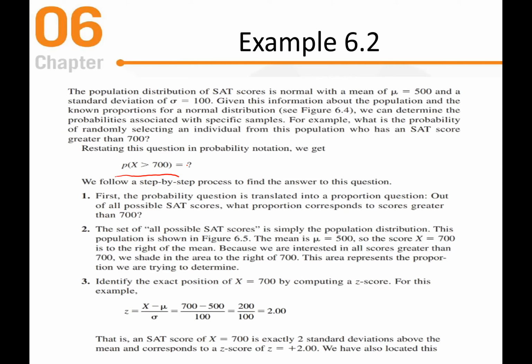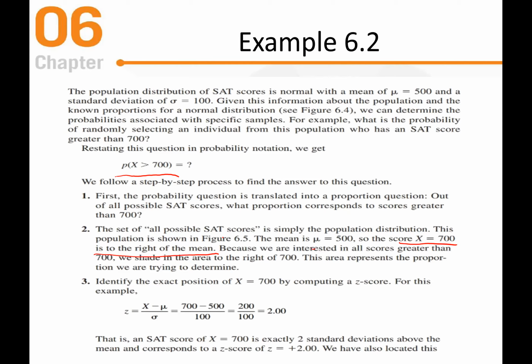The mean is 500, and the score of 700 is above the mean, to the right of the mean. Because we're interested in all scores greater than 700, we're going to shade in the area to the right of 700. And this area represents the proportion we are trying to determine.